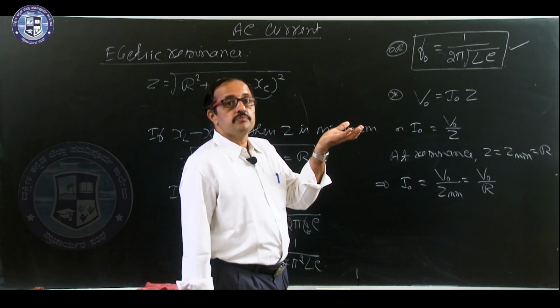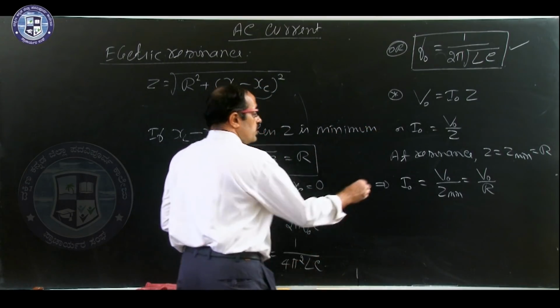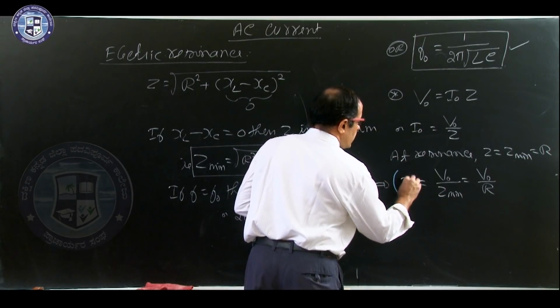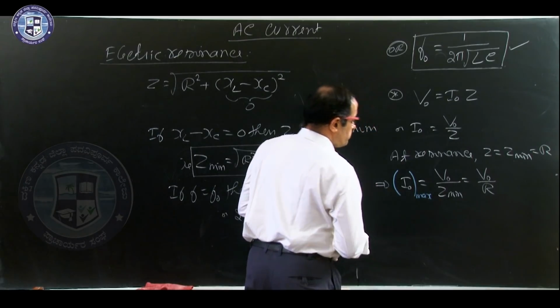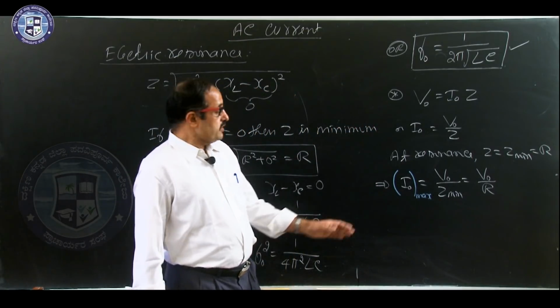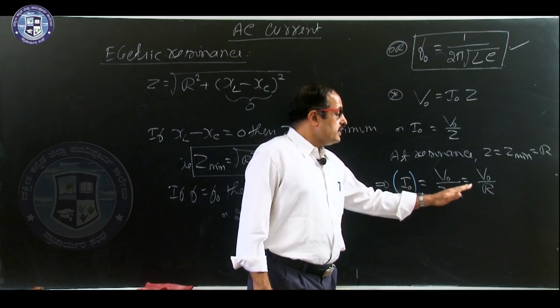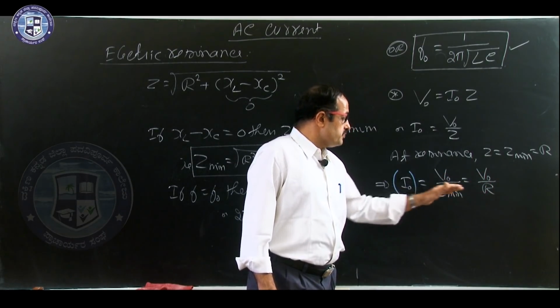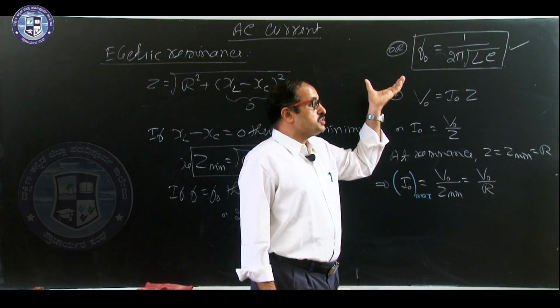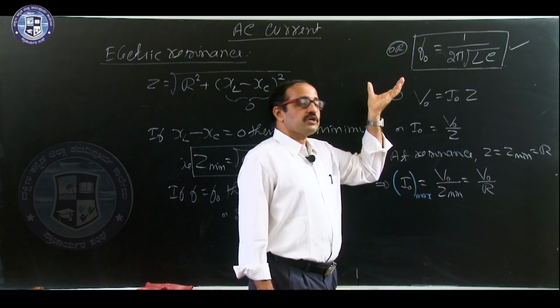This is the peak value of the current, and it becomes maximum. Got it? So, under resonance, impedance of the circuit is minimum, thereby current in the circuit becomes maximum. You have got the highest current in the circuit.